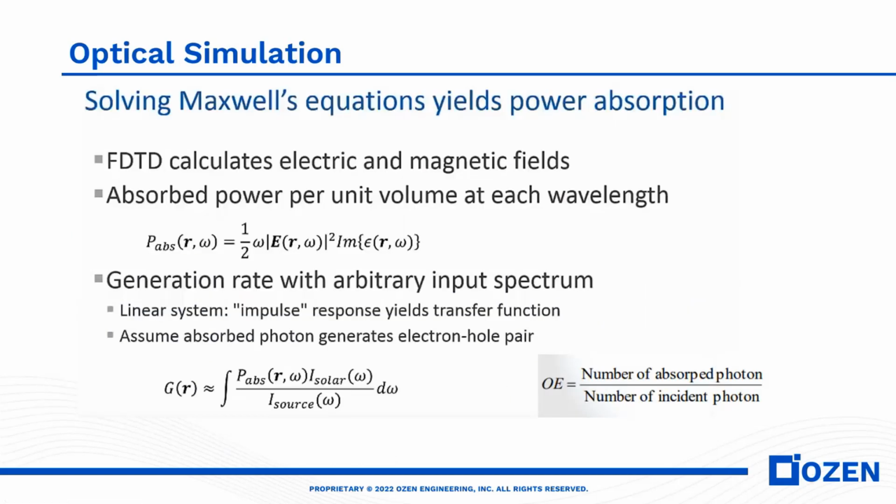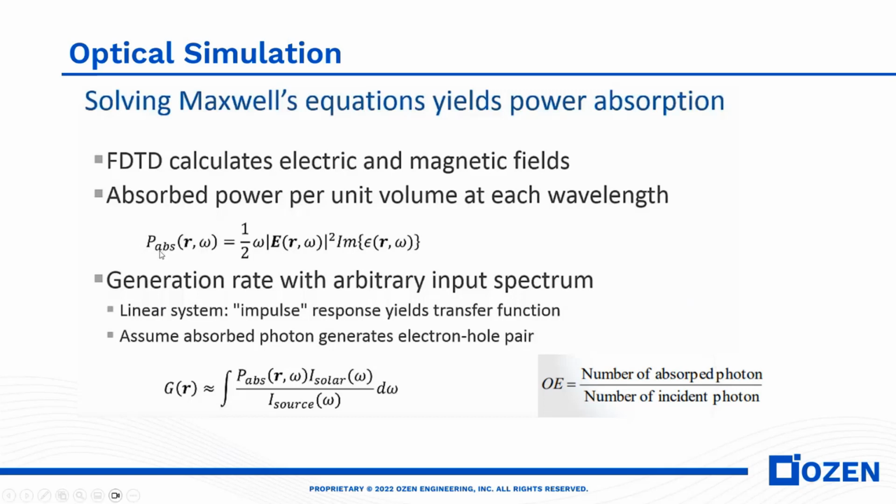But about the FDTD. In the first step, we calculate the electric and magnetic fields. So we have these two fields. Based on the electric and magnetic fields, we can calculate the absorbed power by this formula, because we have the electric field and the imaginary part of the refractive index.